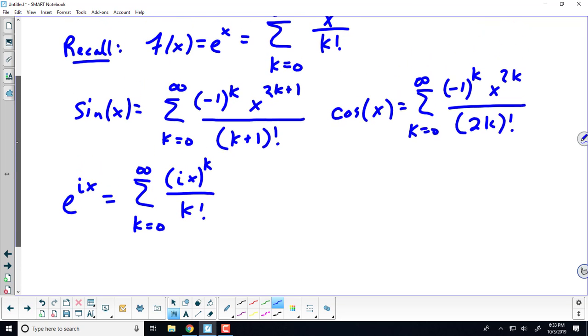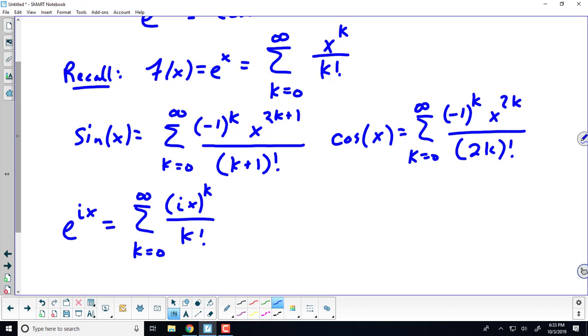If e to the x has that power series, then to evaluate e to the ix, I just replace x with ix. Everyone okay with that? This is something that will show up on one of your exams, maybe this one, maybe when we get to power series. I think it's an important thing to be able to do.